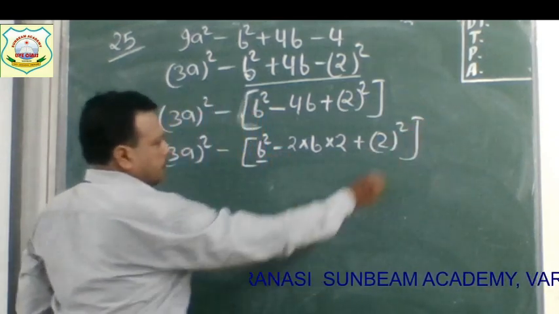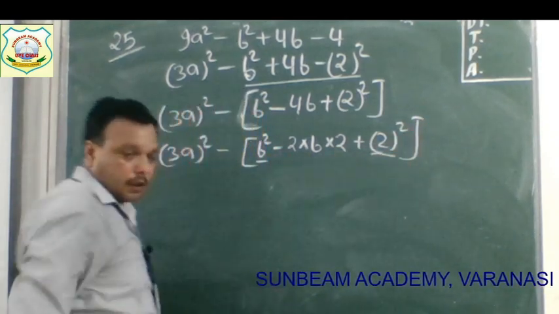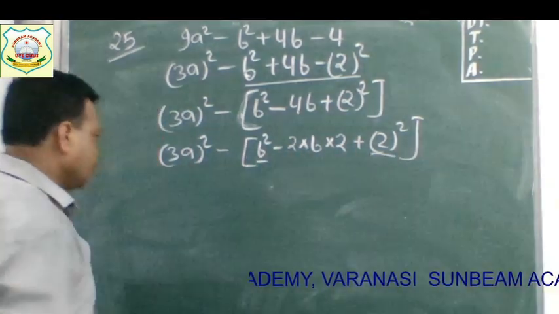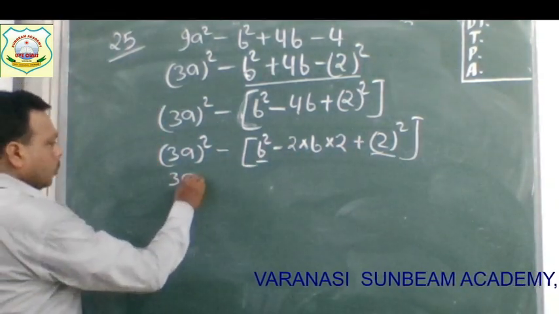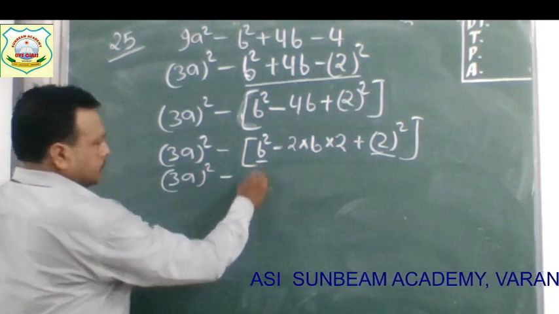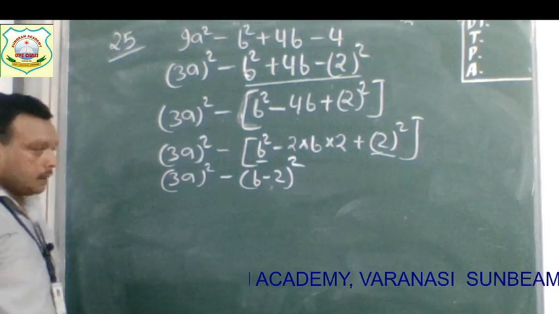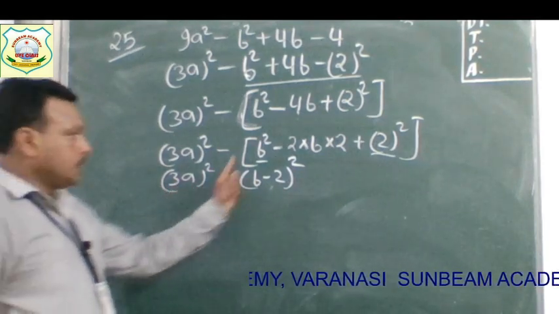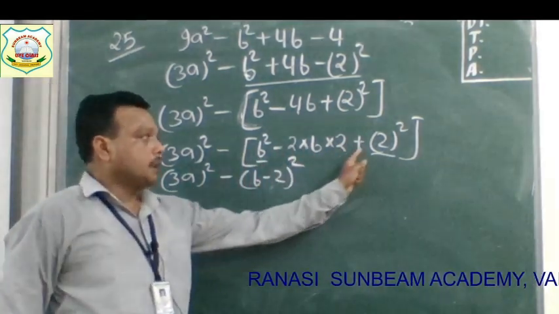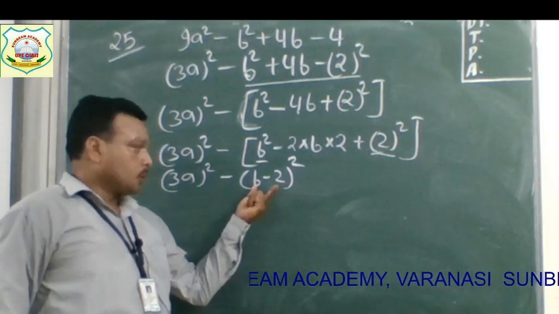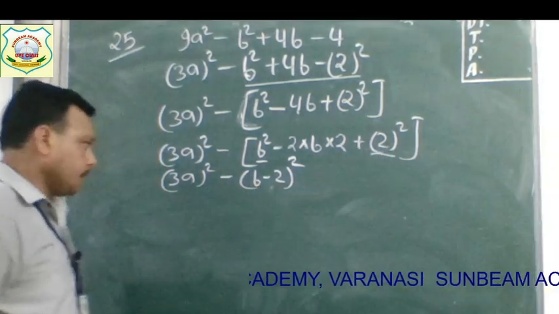So a square, b square minus 2ab. Now we have got the format of a minus b whole square. So we will write here 3a whole square minus b minus 2 whole square. Clear? a square minus 2ab plus b square is the form of a minus b whole square. So this is b minus 2 whole square.